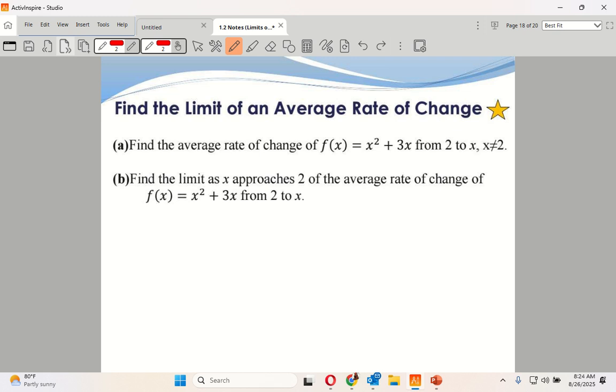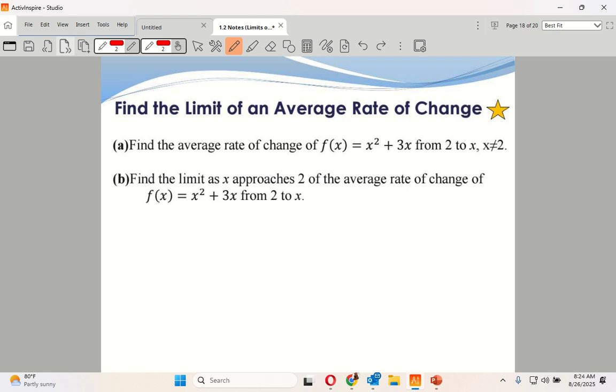So, find the average rate of change of this function from 2 to x, where x cannot equal 2. Okay, so let's write that out with the formula. So it's going to be from 2 to x. So that means that this is going to be starting here, ending here.